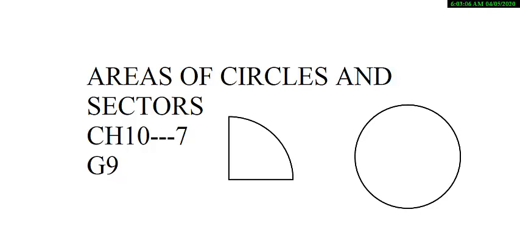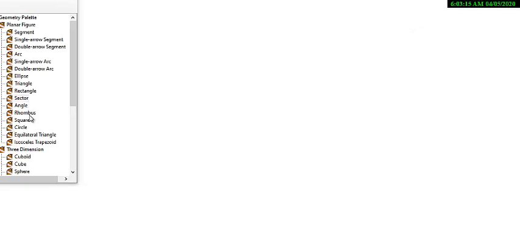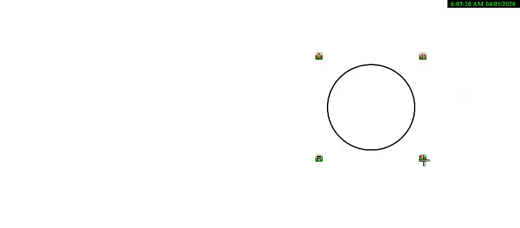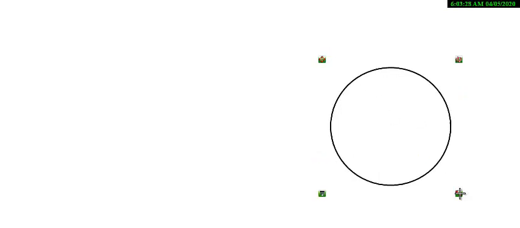So we need to go up a little bit. I'm gonna draw a circle here. The circle can be defined as a set of infinite points that has a constant distance from a constant point. We need to understand this carefully.